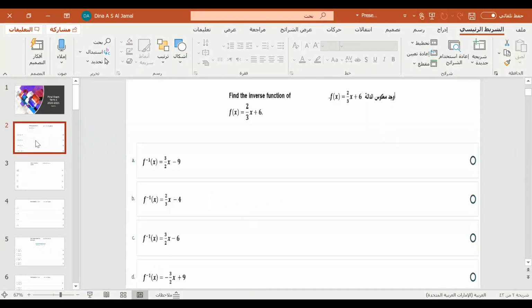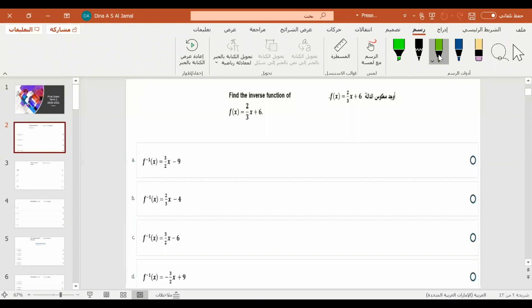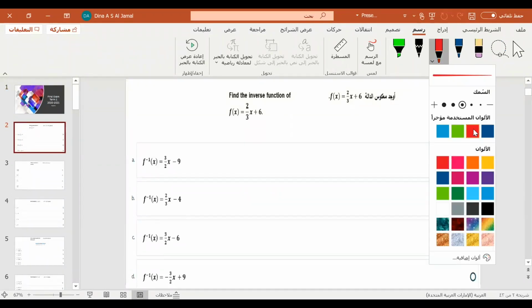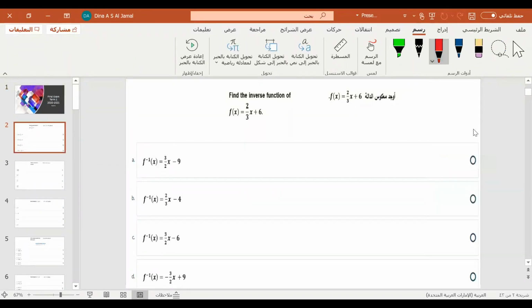So in your exam, in the first question, he asked you to find the inverse of the function. And to find the inverse of the function, you have to follow some steps. Let's see these steps. First of all, you have to remove your f of x and put it as y equal 2/3x plus 6.